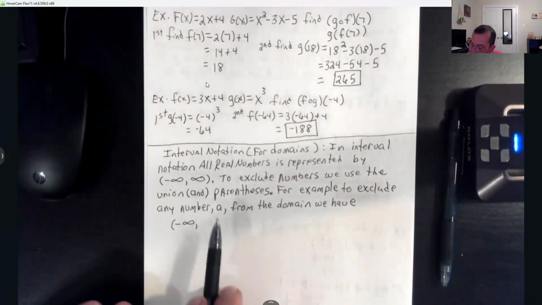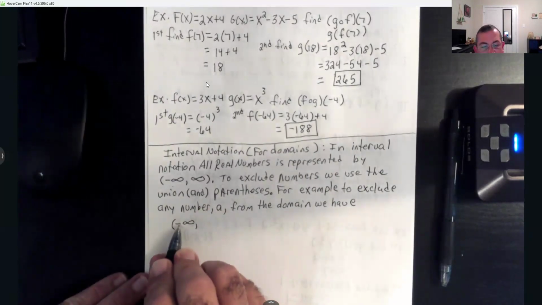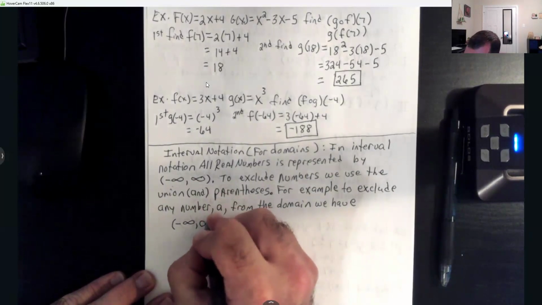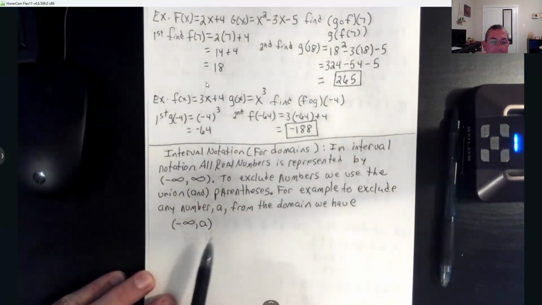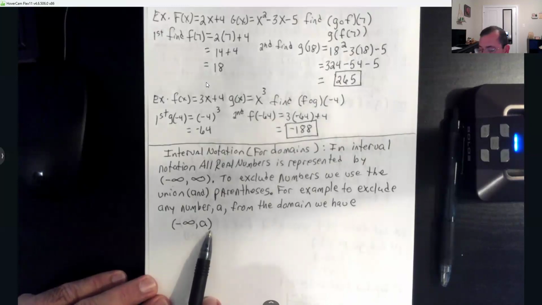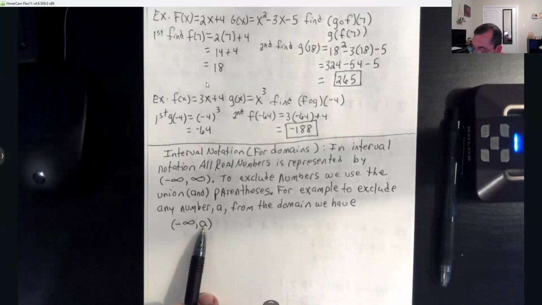But now I'm going to kick this number A out of my domain. So I'm going to go from negative infinity to the A, and I'm going to use curvy parentheses. Y'all, in math, when you use curvy parentheses around a number, that means that it does not equal that number. Okay?